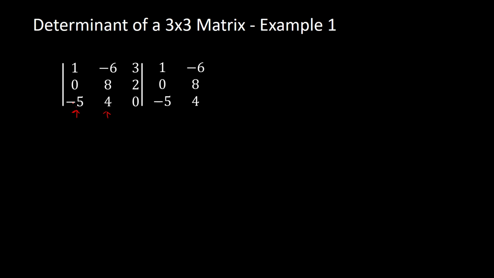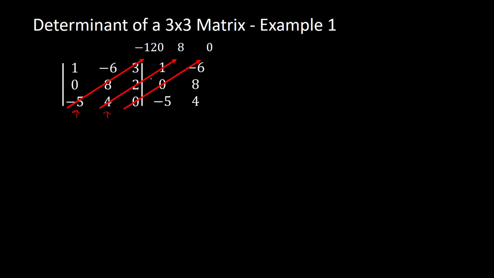And then, kind of like what I did with the 2 by 2 matrix, I'm going to multiply across with these numbers, so -5 times 8 times 3, and that's going to give me -120. And then I go to the next number, the 4, multiply across this way to get 4 times 2 times 1, which gives me 8. Multiply one more time with the 0 times -6 to get 0.